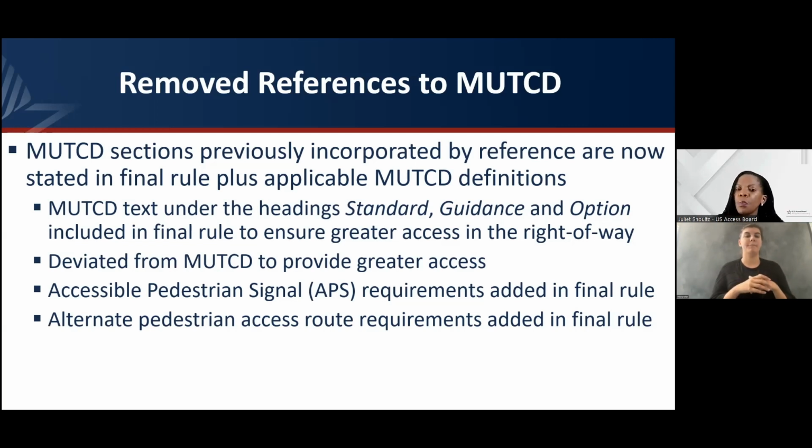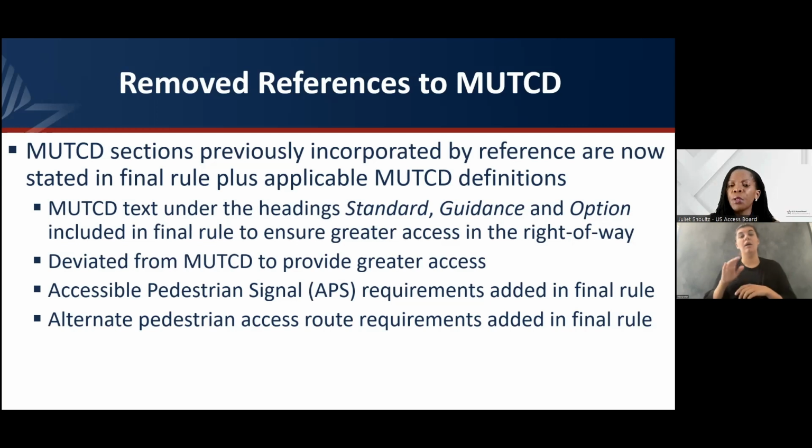So I'm going to also point out that I'm going to show 3 examples where we included MUTCD, either standard, guidance, or option language in the final rule text, but that is not an exhaustive list. It's just 3 examples. If I went through all the previously referenced language that is now incorporated, that could be a training in itself.